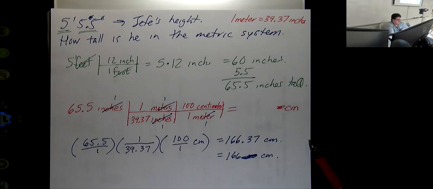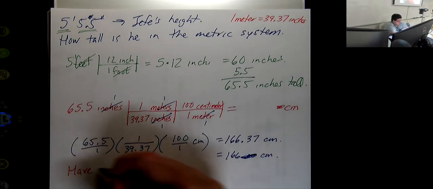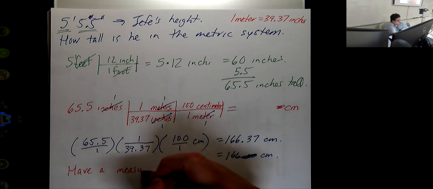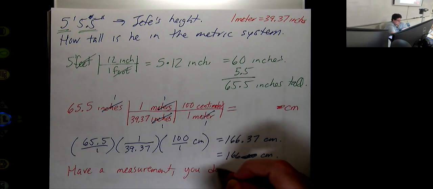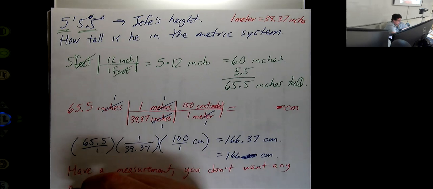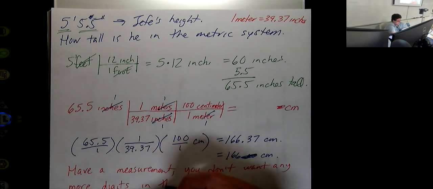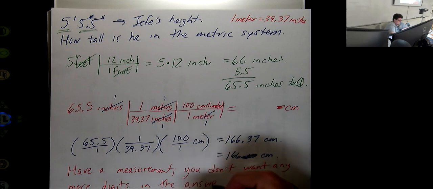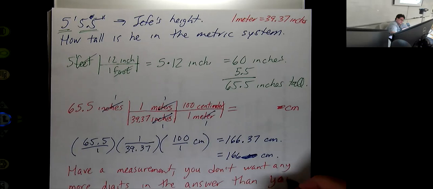The reason why, and we're going to explain this more in the latter half of the day, is when you're taking measurements, you don't want any more digits in the answer than you had to start with.